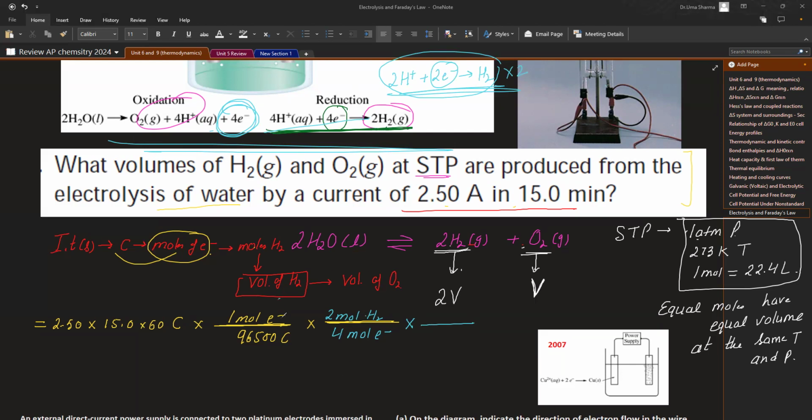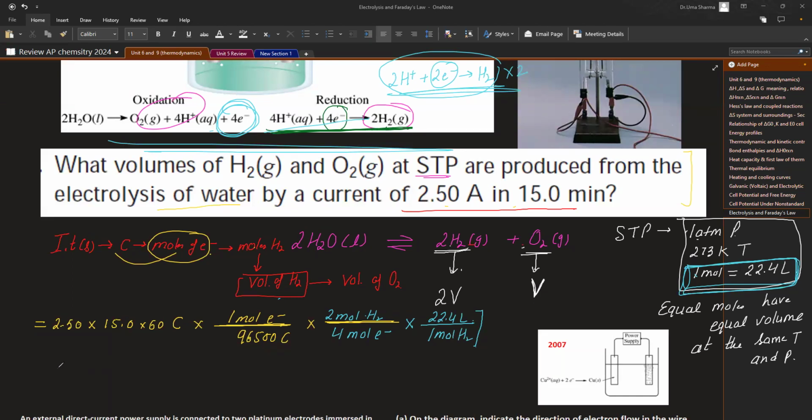What do you want? Volume. What do you know? This STP condition. You know this. You can see my pen. So I'm going to say 22.4 liters over 1 mole of H2. Stop here.